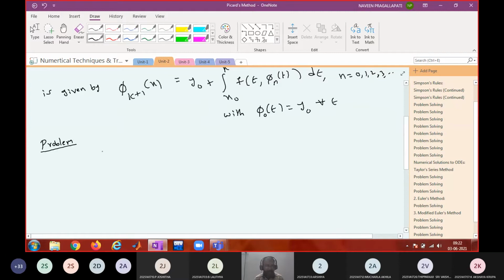Solve the differential equation dy by dx equal to x square minus y, with y of 0 equal to 1, by Picard's method, or Picard's method of successive approximations.